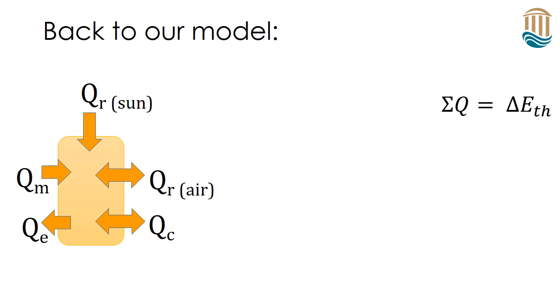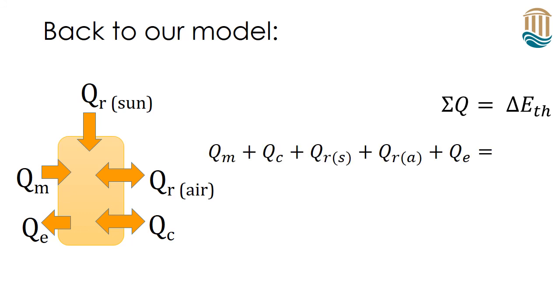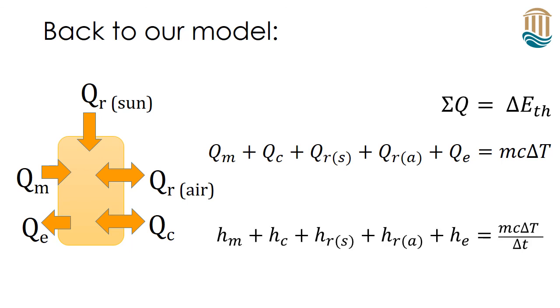On the left, we have our simplified model, and on the right, we have the thermodynamic equation derived from the first law of thermodynamics that explains the relationship between the net heat gained or lost by an animal and the change in the thermal energy of its body. If we expand the left side of the equation, we see that the sum of all the inputs and outputs of heat. The right side of the equation is determined by the change in temperature of the body. We can also use the rates of heat input or output. That will tell us the rate of a change in temperature of the body.